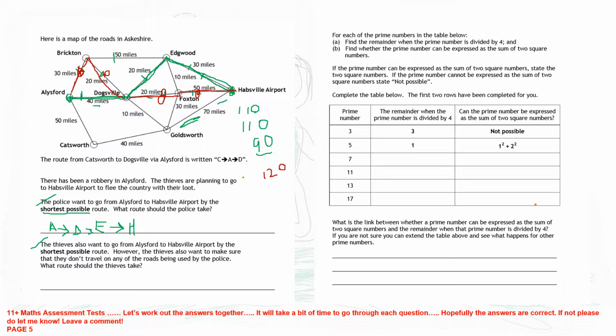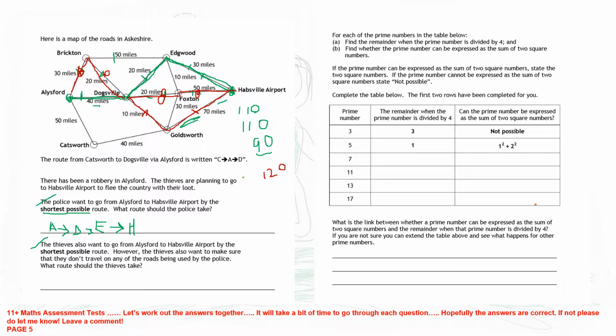They could also come down to Goldsworth and then to 70. How much will that be? 30, 20, 50 and then 60 and 70 is 130. So that option doesn't work out.